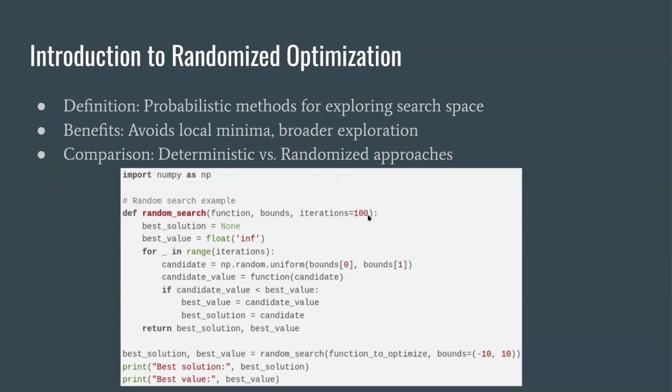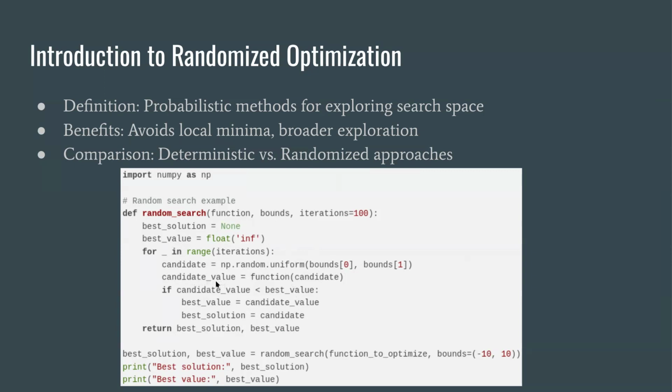Since the iteration parameter is 100, we're going to run a for loop 100 times, and for each candidate, we get a random value from a uniform distribution within the bounds provided, and then we pass this random candidate into the function and get the candidate value.